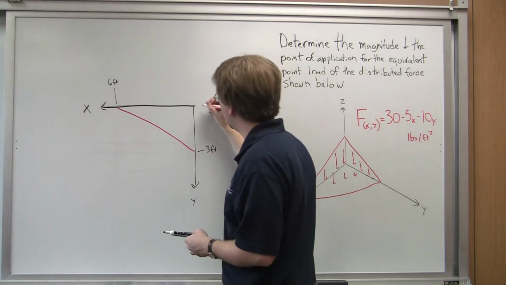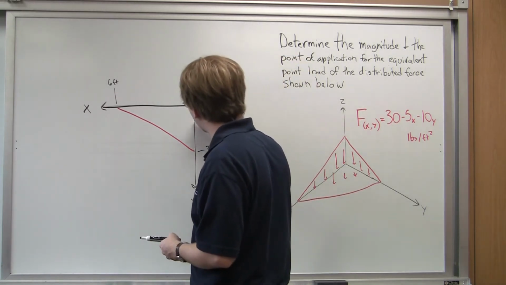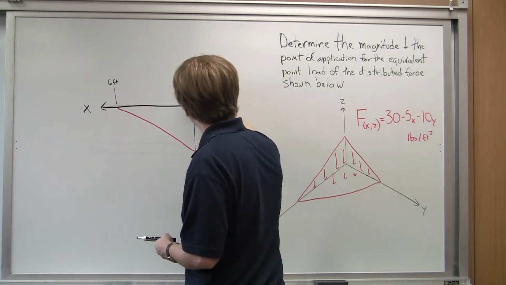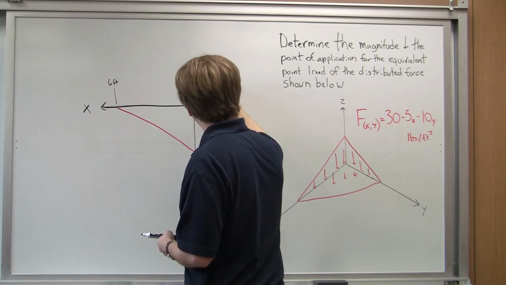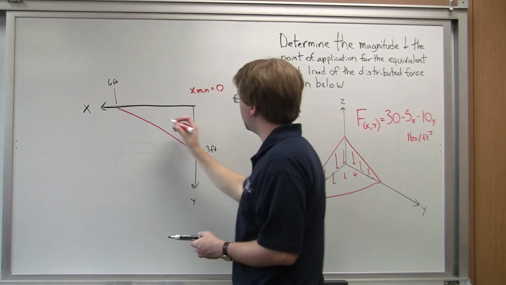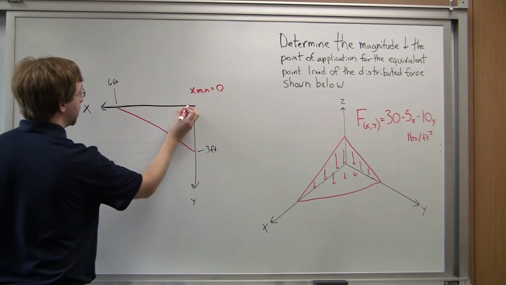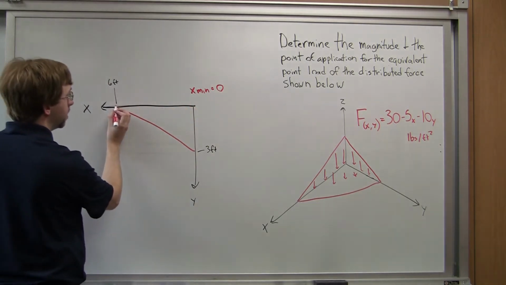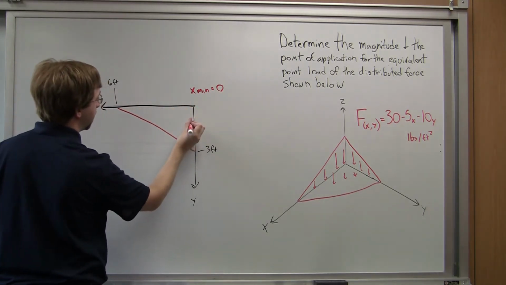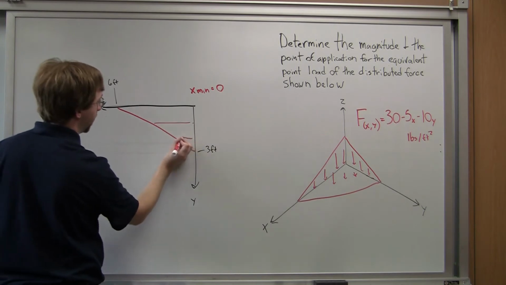And so x min is over here. That's always going to be 0. But x max is this line out here. So it's 6 right here, but if I look at a different value of y, it only goes out part of the way.